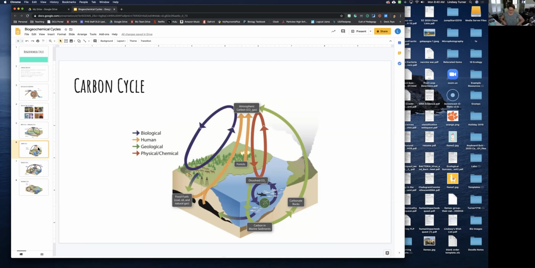And we as human beings have a tremendous influence on the carbon cycle because we are emitting CO2 gases, carbon dioxide, carbon monoxide, all these different things through burning fossil fuels and using natural resources.